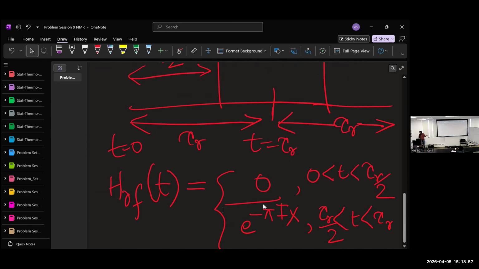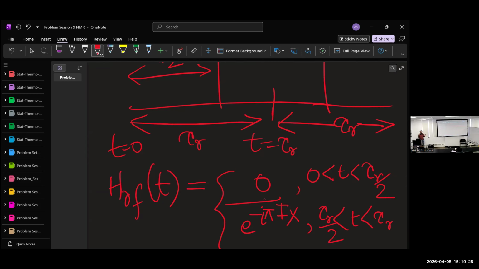Which is why I've created this rotation operation, e to the minus i pi I_x, which is a rotation around x by 180 degrees. Does this make sense? Every Hamiltonian that has a term that can be rotated around x will suffer a 180 rotation for that time period between the middle of the rotor period and the end of the rotor period.